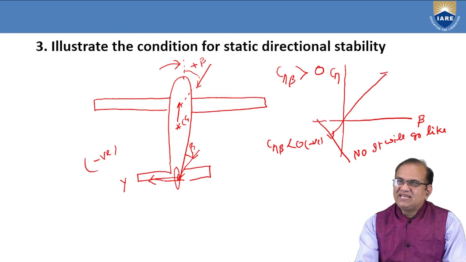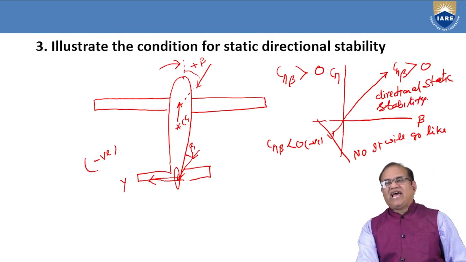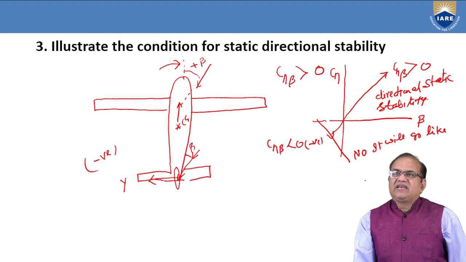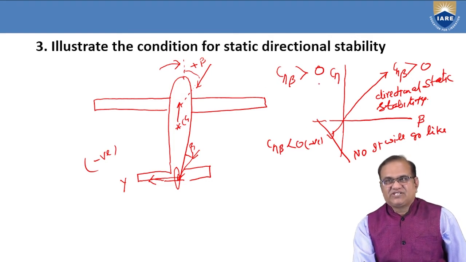So this is the Cn beta greater than 0, and this is the requirement for directional static stability. So to have the directional static stability, Cn beta should be greater than 0.